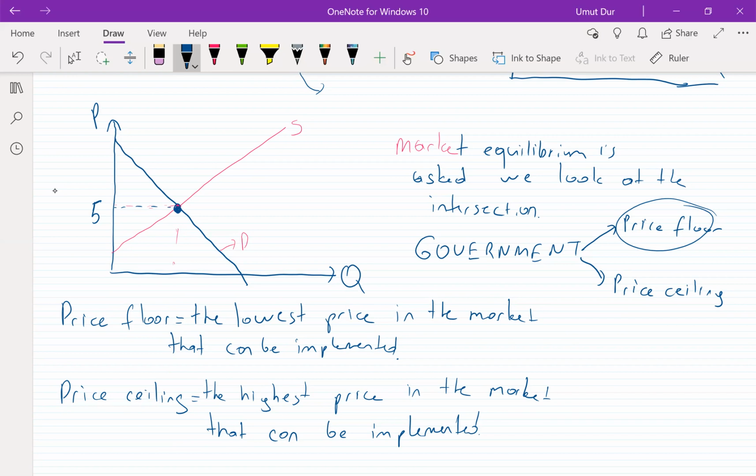Suppose that the price floor is 4. The government tells you that the minimum price that can happen in this market is 4, which means this is the price floor.